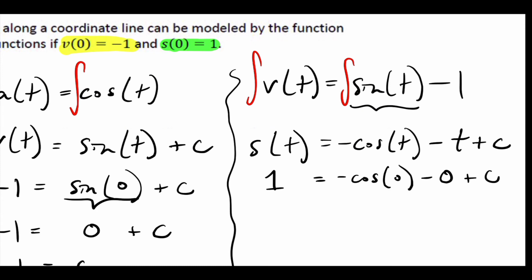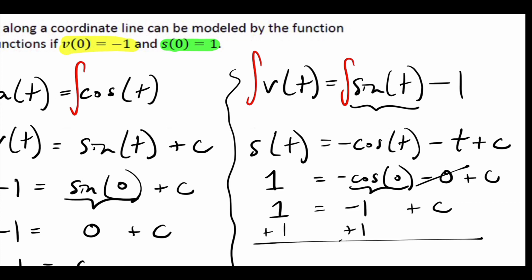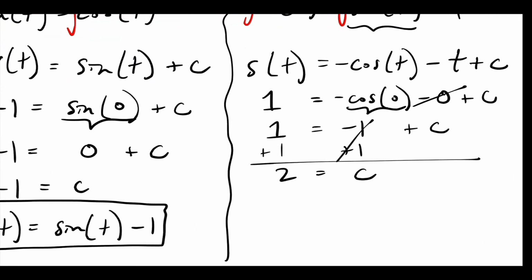What was cosine of 0? 1. With the negative, it would be negative 1. And then the 0 just goes away, plus c. Add 1 to both sides. We get c equals 2.